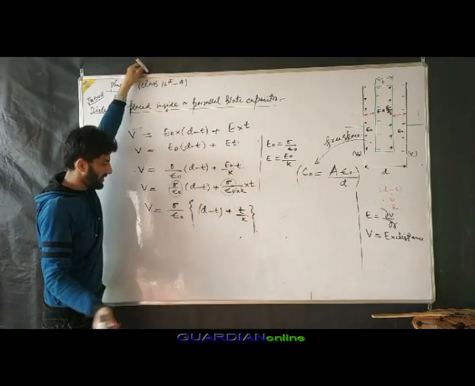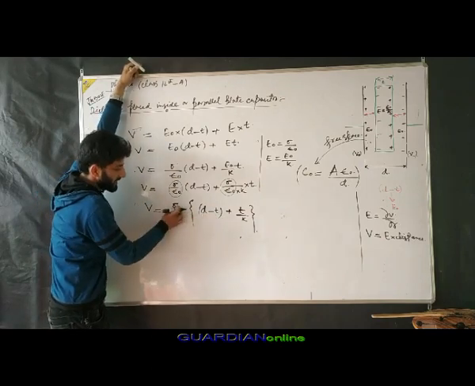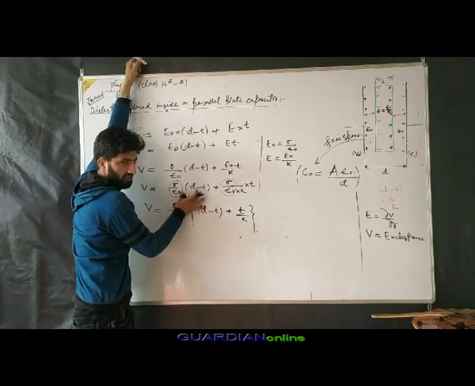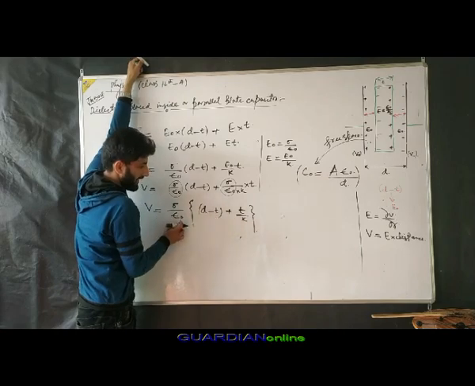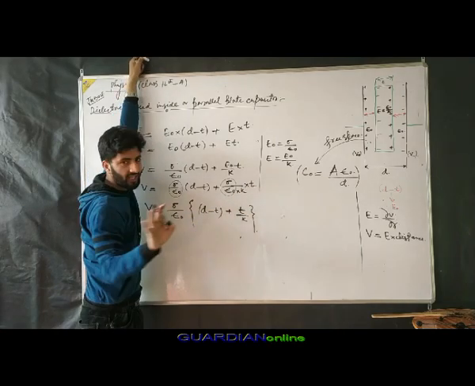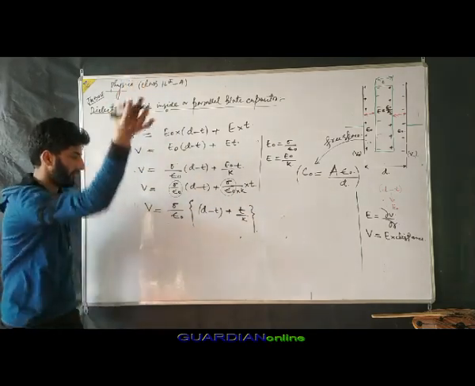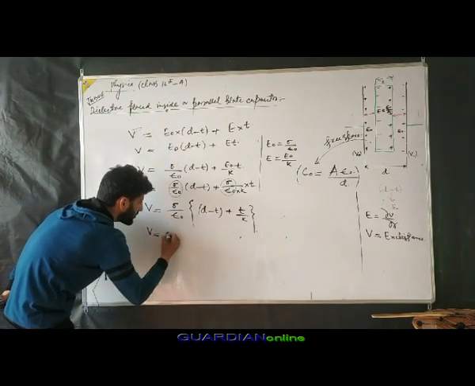So we get sigma by epsilon naught times D minus T, plus sigma by epsilon naught times T by K.